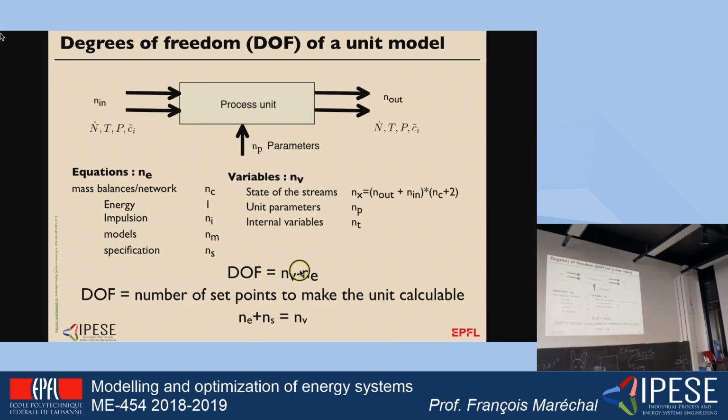And when I'm making the difference between the sum of all the equations here, which is NE, and deducing this amount from the NV, which is what I would like to know, I will have what we name the number of degrees of freedom of the system, which is the number of values that I have to add in addition to be able to have enough equations to calculate all the values of the variables. Okay, so this is the number of degree of freedom.